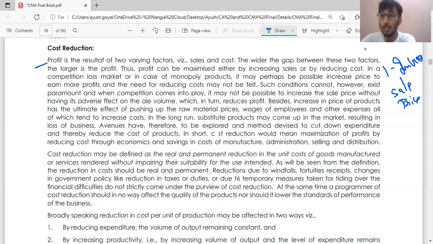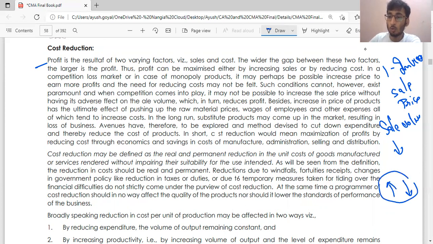But if you increase the sale price, your sale volume will go down. Okay, 11th-12th class economics, I hope you know that if you increase the sale price, the sale volume goes down. So if sale price is increasing and sale volume is going down, it means overall sales would either decrease or remain the same.